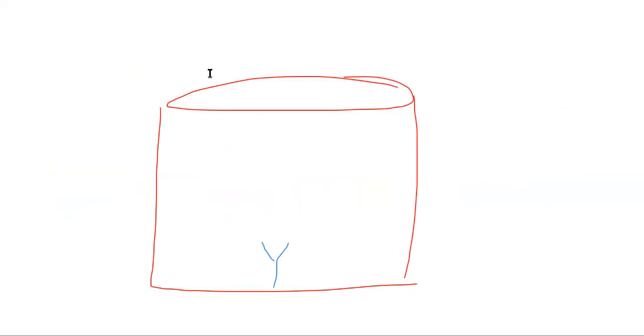Next, the antigen, if present, attaches to the antibody. Next, another primary antibody is added that goes and attaches to the antigen on the other side.